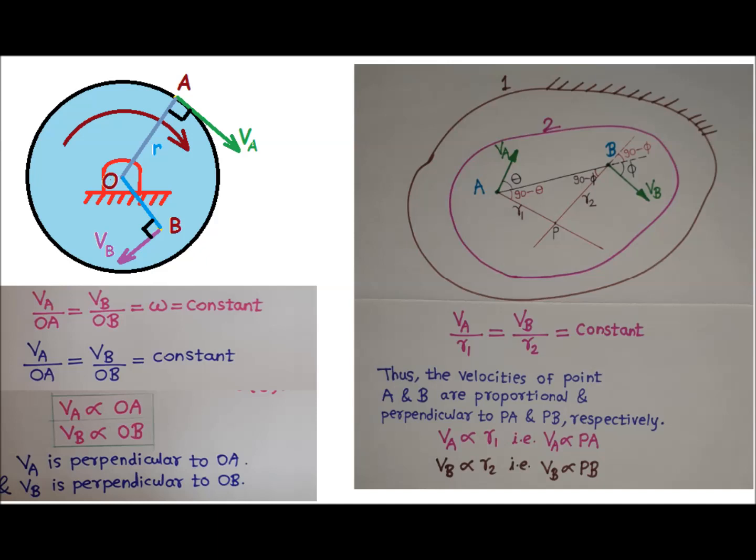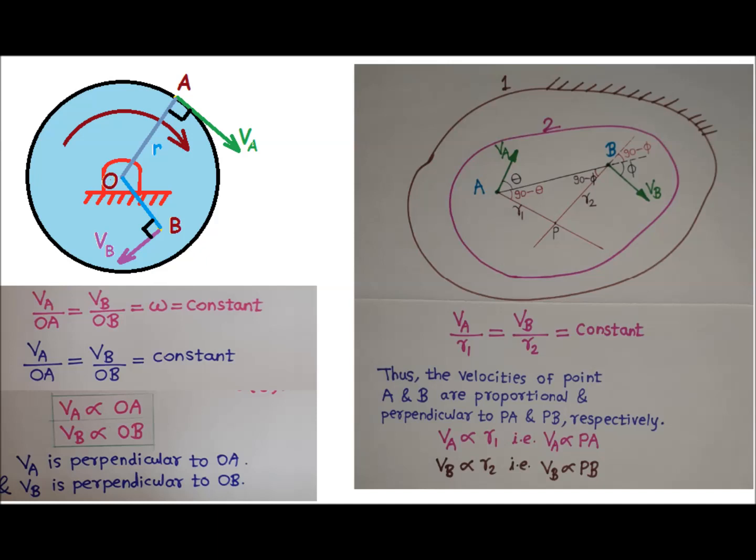or about center P, because VA that is velocity at point A on planar rigid body, is directly proportional to distance of A from P, and VA is perpendicular to PA, or we can say VA is perpendicular to AP.